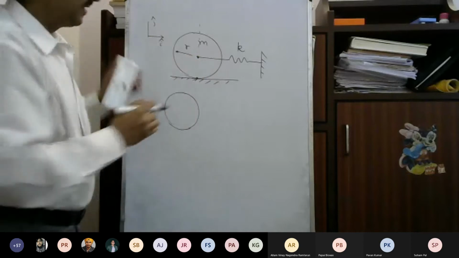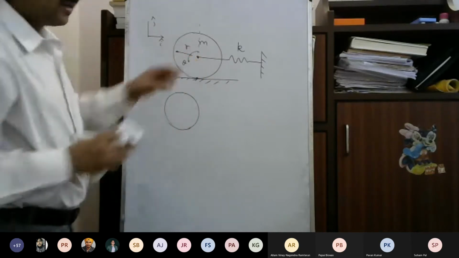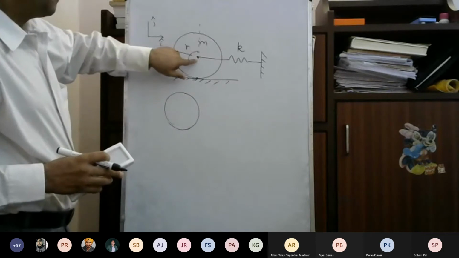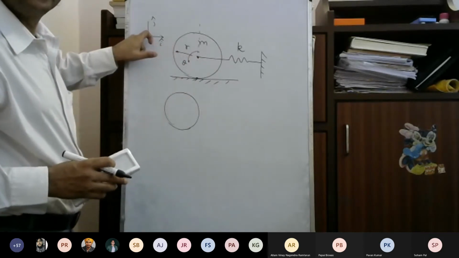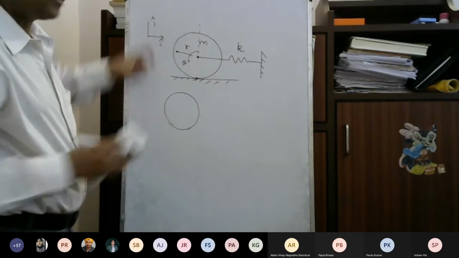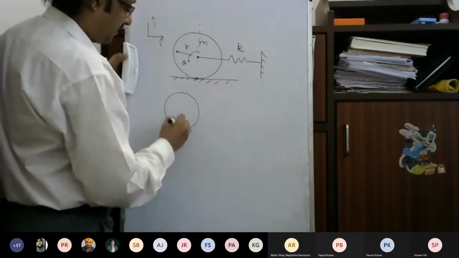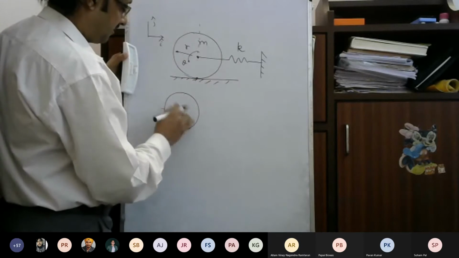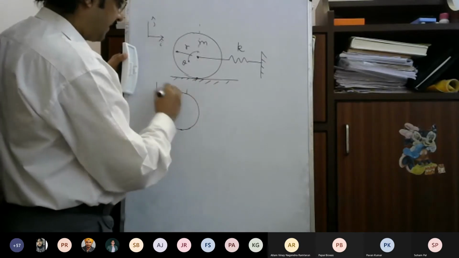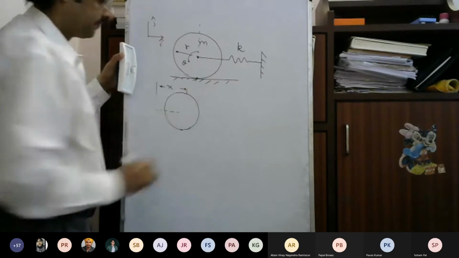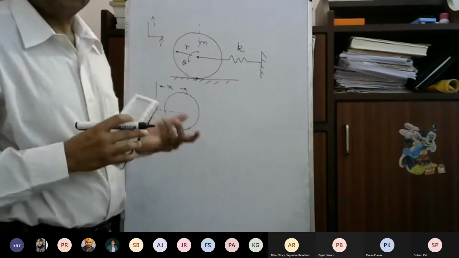Because this is pure rolling, when it rotates by an angle theta in this direction, this point advances by an amount r theta, right? Pure rolling means that if this point moves by an amount x in this direction, then it will roll by an amount x by r.